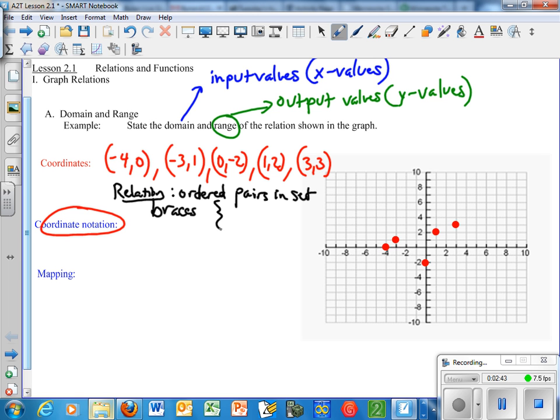And the set braces, remember, are these. So all we're going to do for coordinate notation is take that list of coordinates we did and put set braces around them. I'm not going to rewrite all the coordinates, but that would be a relation, the set of ordered pairs, in coordinate notation.